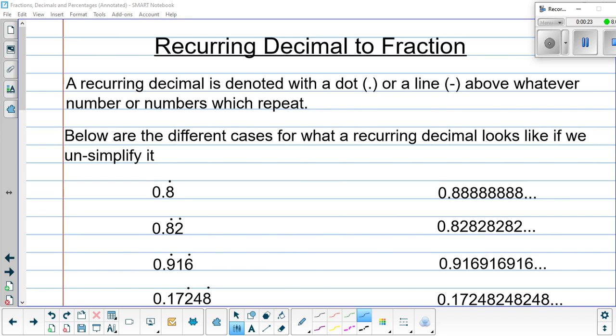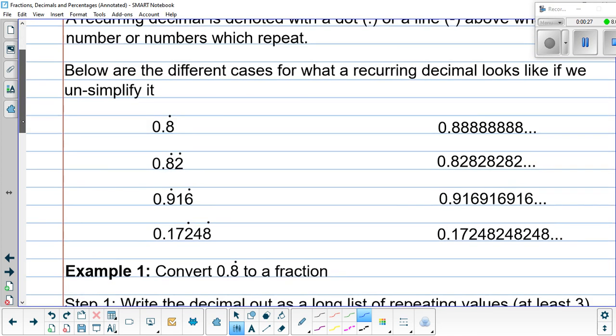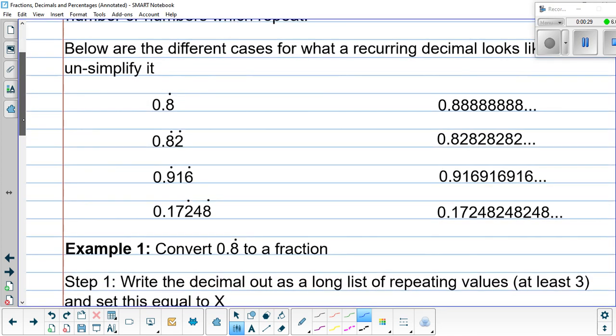The different ways we can see recurring decimals, if you forgot, are the following. With 0.8, when the dot occurs over the number, that number will keep recurring. In the next case, there's a dot above two numbers, 0.82, which means it's going to recur 82, 82, 82 in that order from left to right.